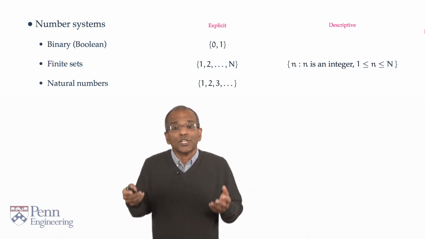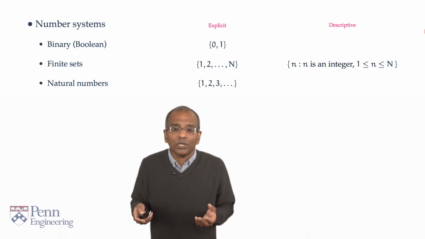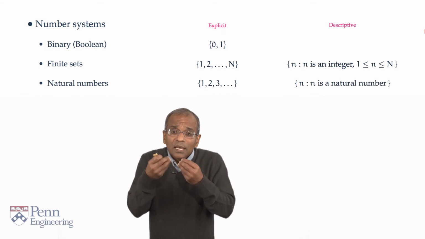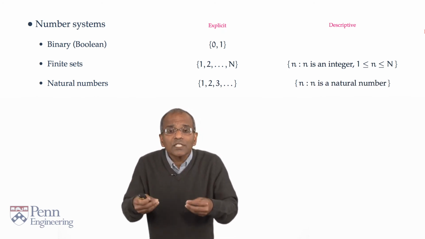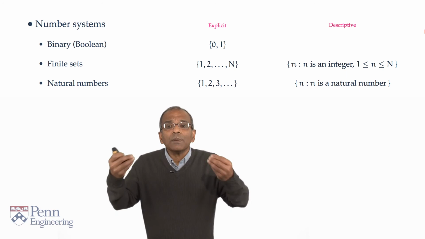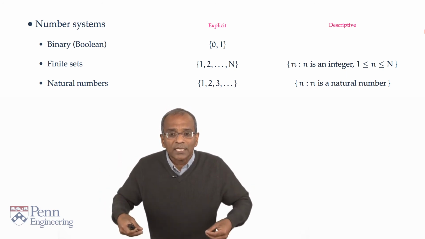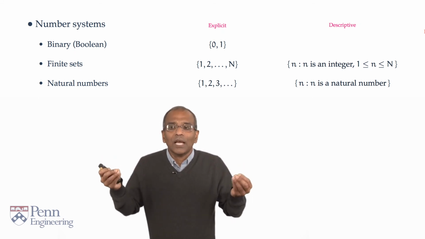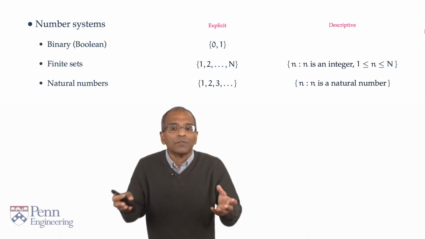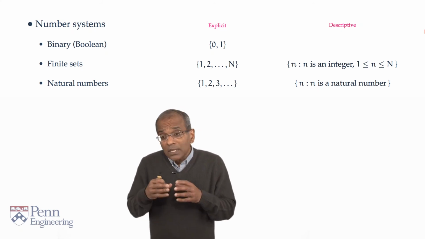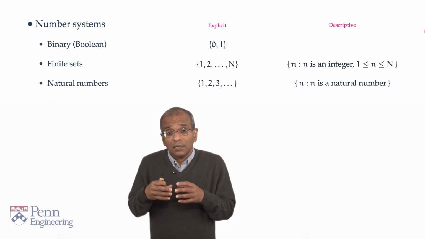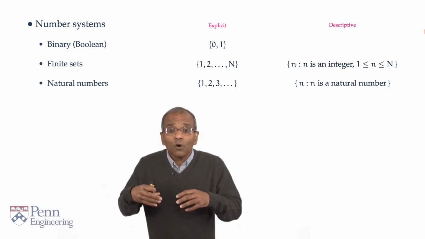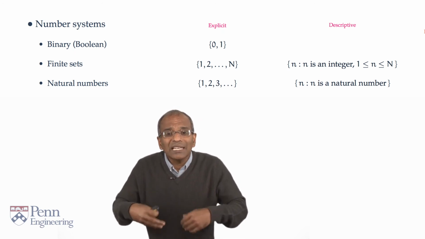How would an implicit representation look like? How would a descriptive representation look like? Well, we write down a generic letter n and say that this n satisfies the following property. We describe the property that a typical member of the set satisfies. In this case, n is any natural number. And now we have an implicit or descriptive notation for this. Now, this set is widely seen, and it's hugely important, and therefore long tradition has given us a name for it.